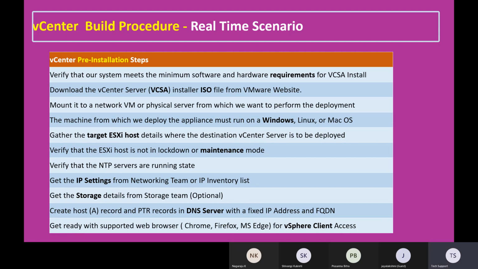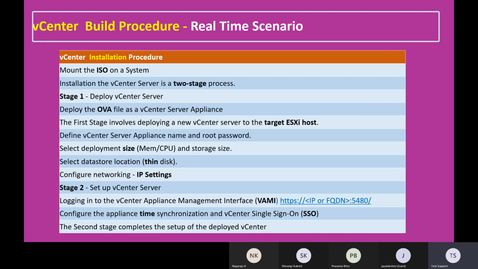Now we are going to verify the installation process. As per our yesterday's discussion, when we mount the ISO file, installation of vCenter Server is a two-stage process, stage 1 and stage 2. Stage 1 is mainly for deploying the vCenter Server. During the deployment, you can deploy the OVF file as a vCenter Server appliance.